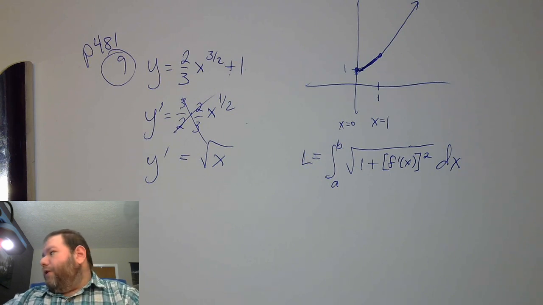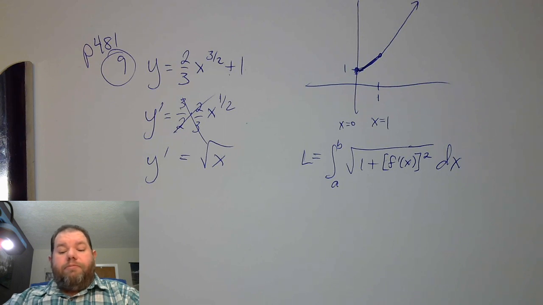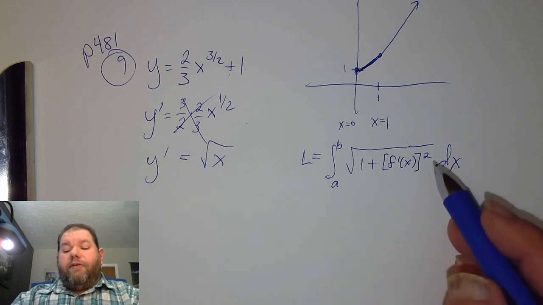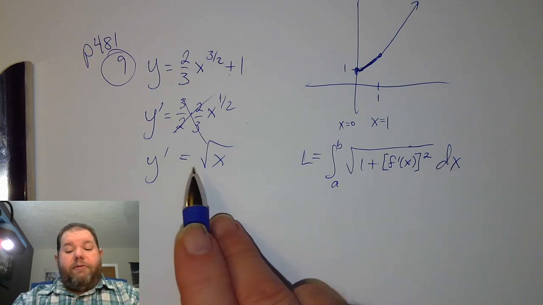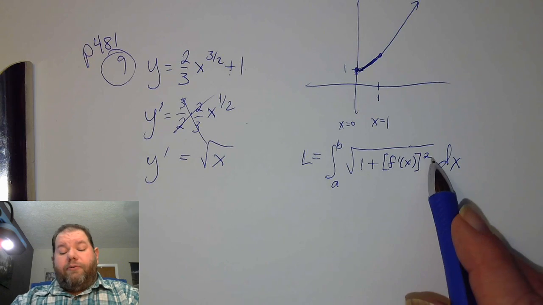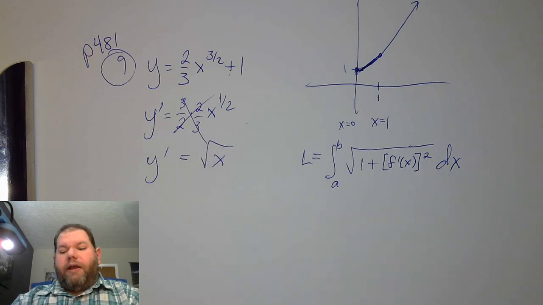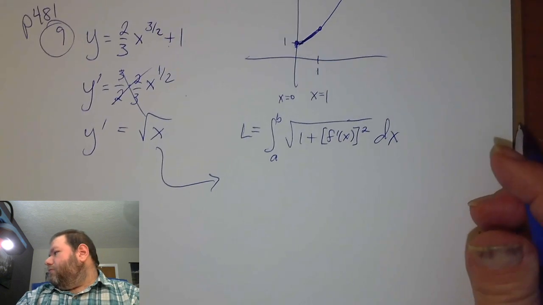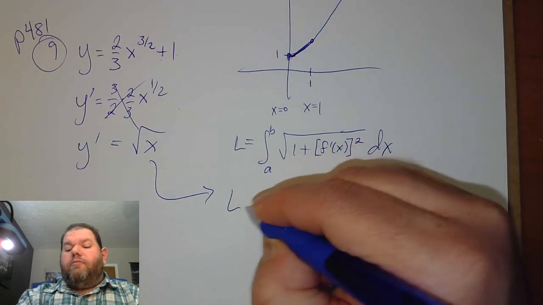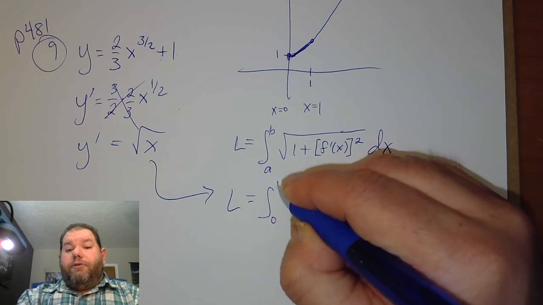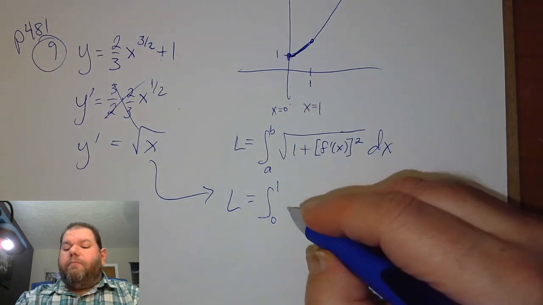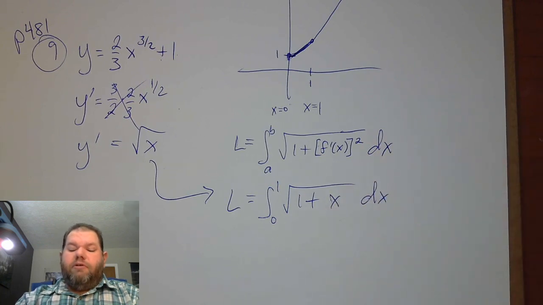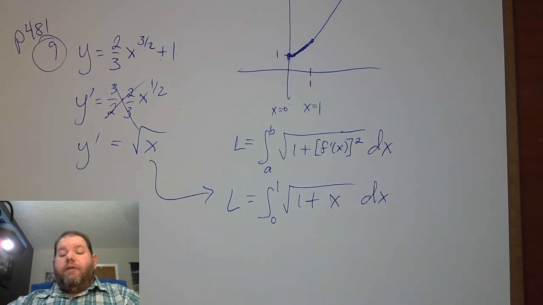Now we plug that in here for f prime of x, and we have to square that, which is actually nice, because we have a square root here. Once we square that, that'll change it into a regular x. So we integrate 0 to 1, as we said, and we have 1 plus x under the square root, and then dx.